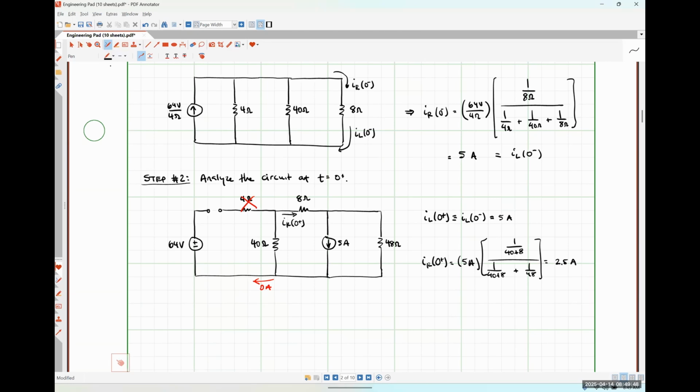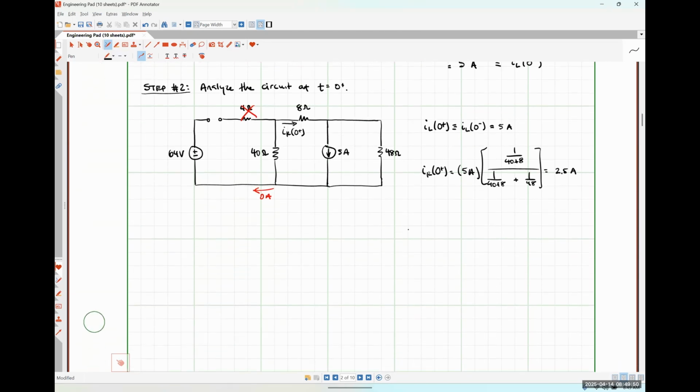All right. So the next thing we're going to do is analyze this circuit at T is equal to infinity. So a very long time after our switch changed states. Now, I am going to preface this by saying we're going to get 0 here. The reason why I am including this step is because of what we're going to be doing in Wednesday's class meeting. And so I just want you to be aware that this step is going to matter at a later point in time.